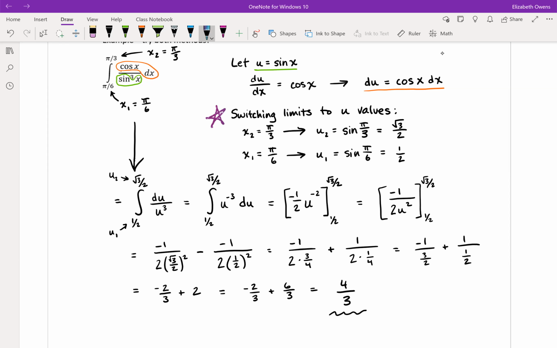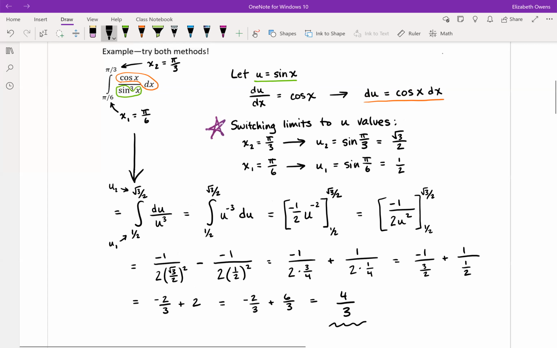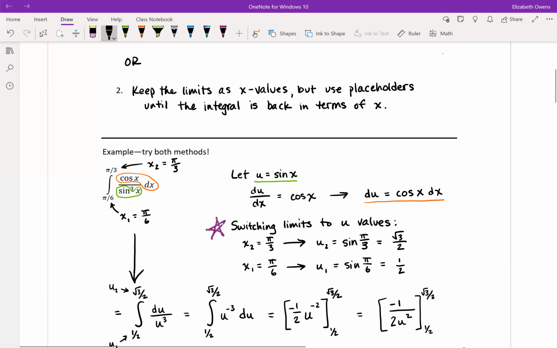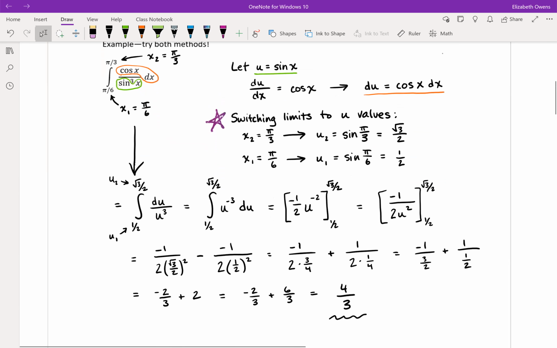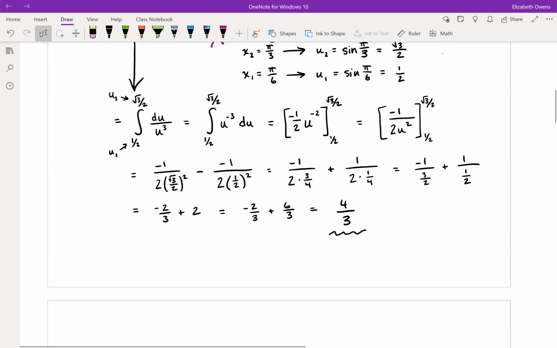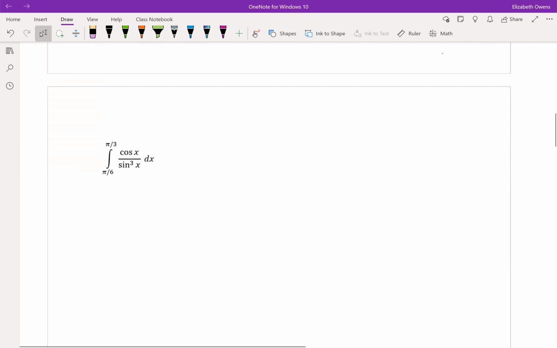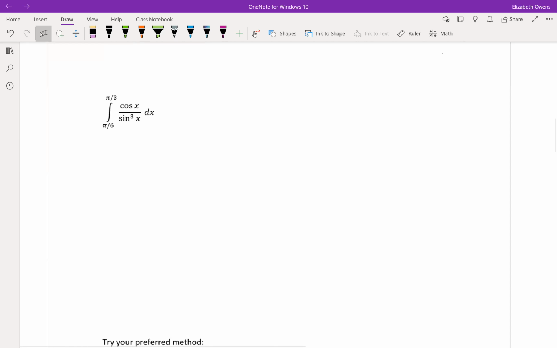Okay. Now we will do the same example, but we'll use our other approach here. We're going to do the same exact problem here, but this time we're going to keep the limits as x values and use placeholders until the integral is back in terms of x. Okay. So there's switching our limits to u values, and here is the exact same problem.